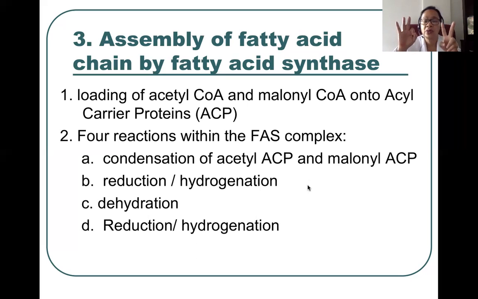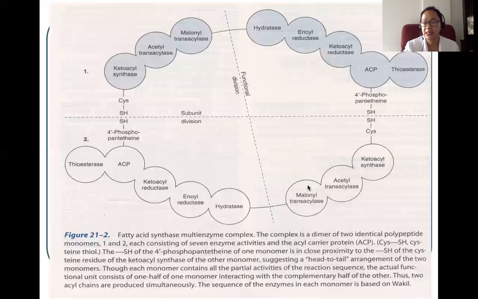So if there is removal of 1 carbon, there would be an acetyl malonyl ACP complex here, and this 4-carbon compound will undergo reduction. After that, it will dehydrate and then be reduced again.